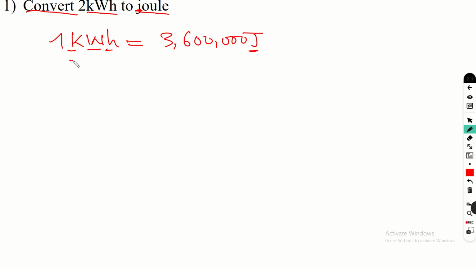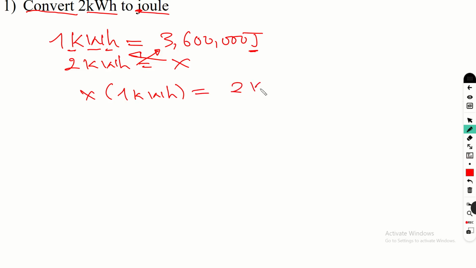Now 2 kilowatt hour will equal to what? X. You cross multiply. So you have X times 1 kilowatt hour equal to 2 kilowatt hour times 3,600,000 joules. So divide both sides by kilowatt hour.